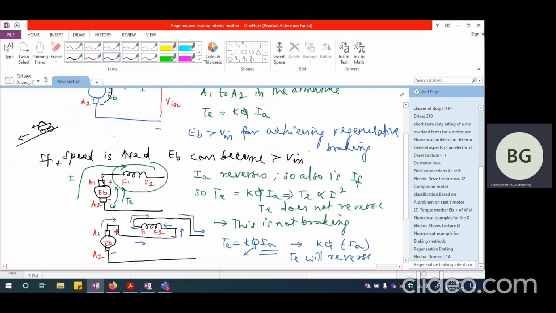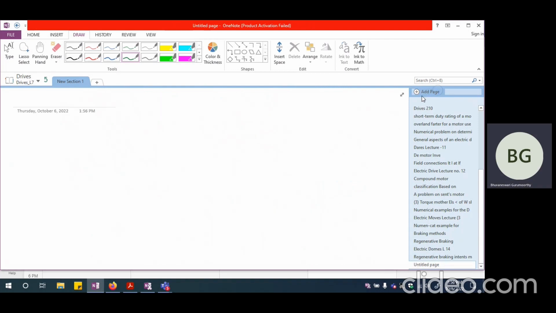So in a series motor drive, it is essential to disconnect the field and reconnect it like what I have shown here. Otherwise, it's not going to work properly for regenerative braking. But in general, regenerative braking being implemented in a series motor drive is a little bit more complex because of this disconnection and reconnection of the field. So much for regenerative braking.